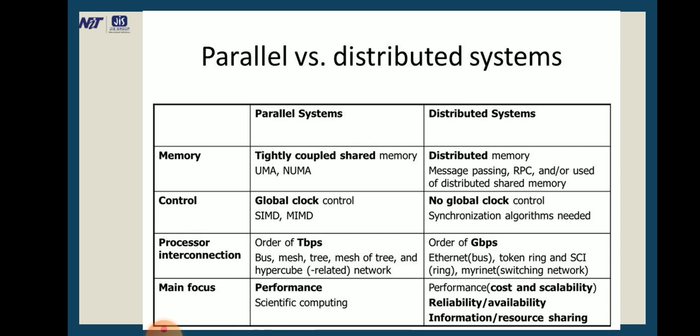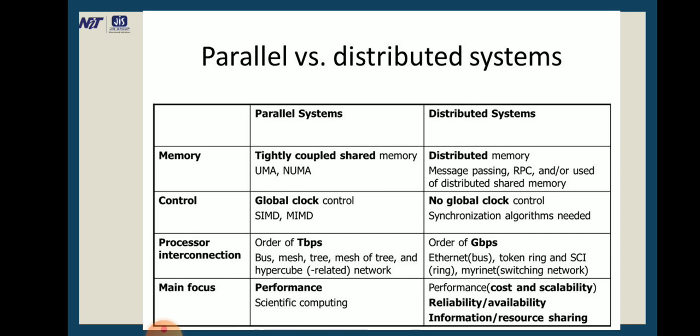A distributed system is one whose components are located on different networked computers which communicate and coordinate their actions by passing messages to one another. Parallel computing occurs in a single computer, whereas distributed computing involves multiple computers. In parallel computing, multiple processors execute multiple tasks at the same time, whereas in distributed computing, multiple computers perform tasks at the same time.